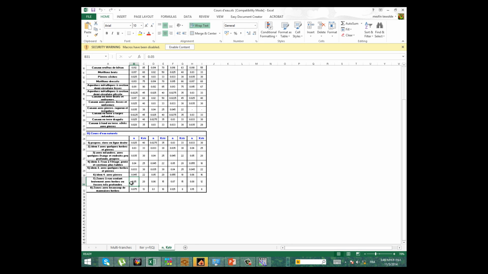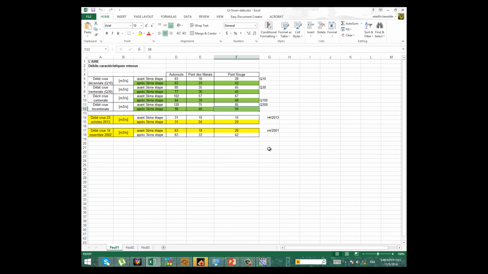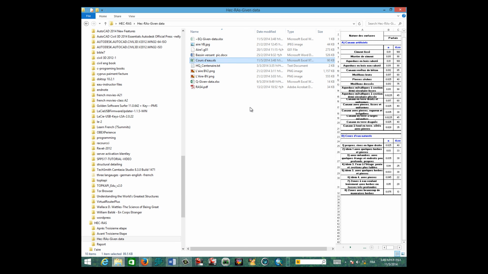You see, the banks are full of trees, and the riverbed has very small boulders. So that's why the n value is low, 0.5.